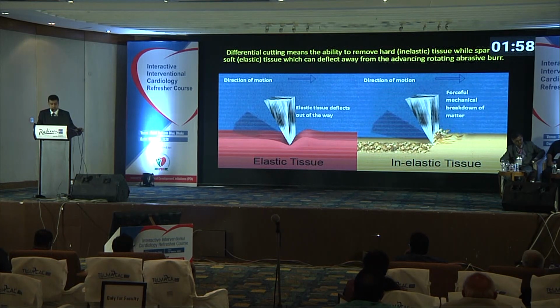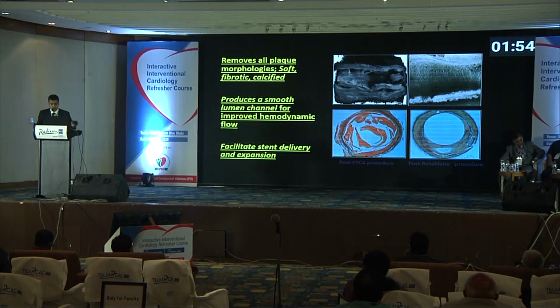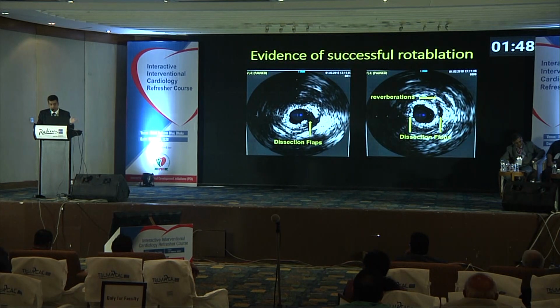Here in this case the arterial wall is preserved whereas the harder calcium is ablated. So we can see rotablation gets a very fine track for the stent deployment. And post rotablation, if we do the IVUS, there are some indicators which will indicate successful rotablation. One is the dissection flap, where the calcium is broken down, and then we can see the reverberation shadows.